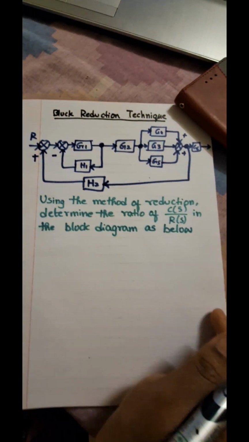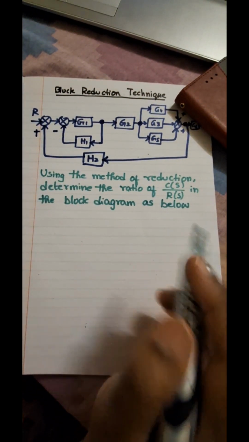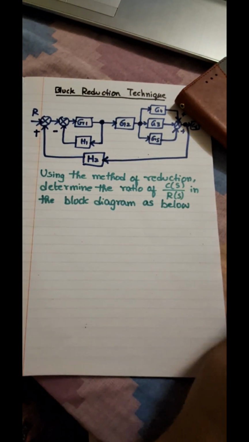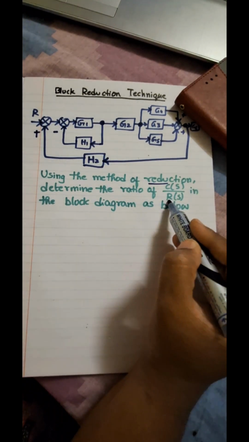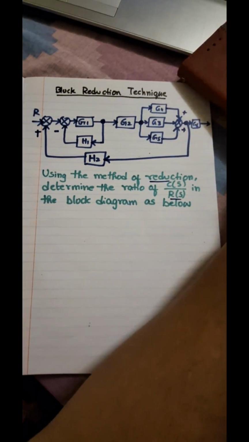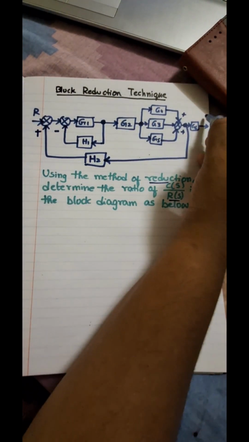So this is the question. Clear? They are asking you to use the reduction technique and find C of S by R of S. So here it is C.